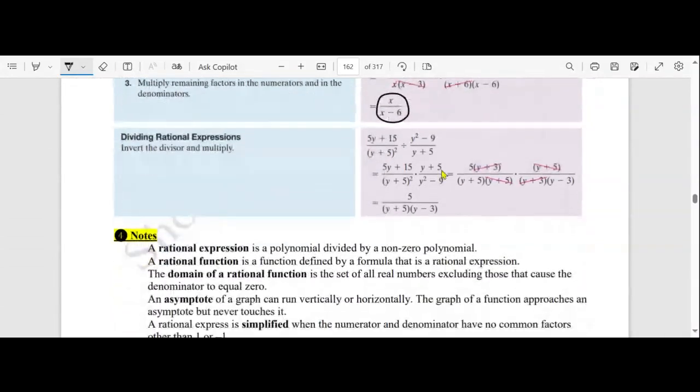Okay, what's the difference between multiplication and division? Division is just divided by. So you have to flip everything. So y plus 5 goes up, y squared minus 9 goes down.